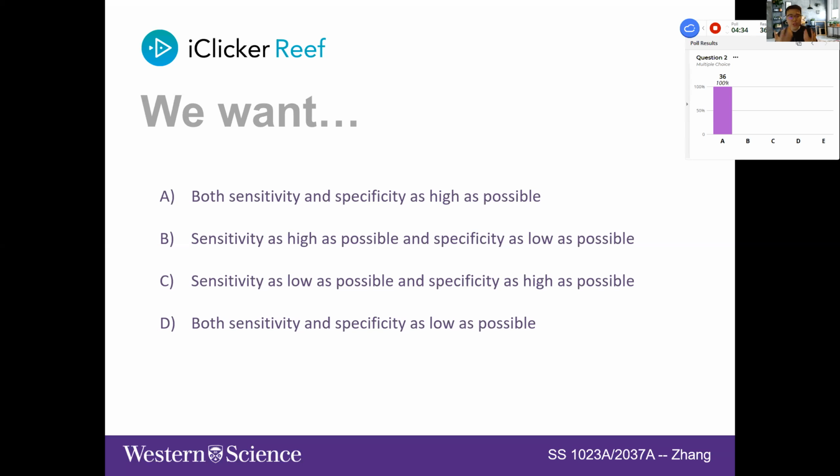However, we also need to keep in mind that in reality, although we want this, it could be unrealistic to keep both as high. So sometimes we have to trade off between the sensitivity and the specificity.